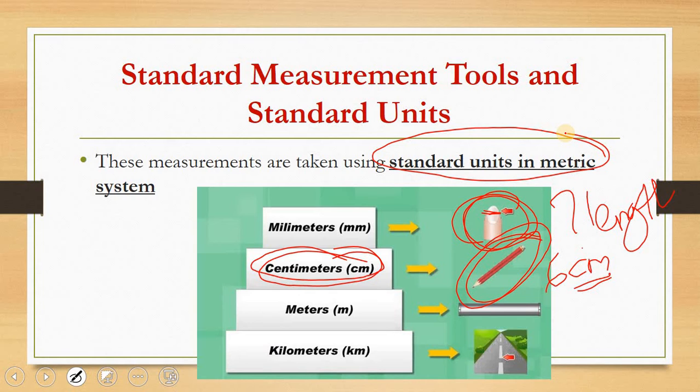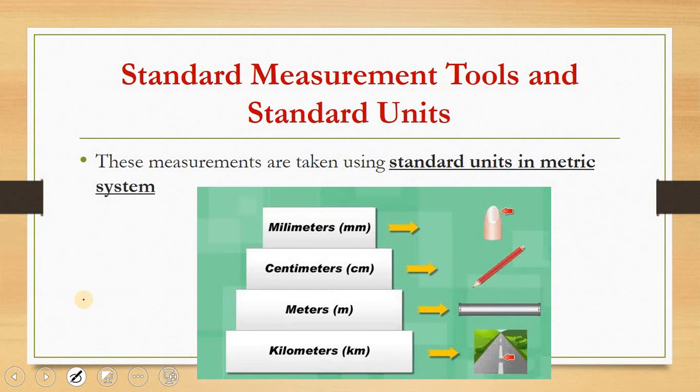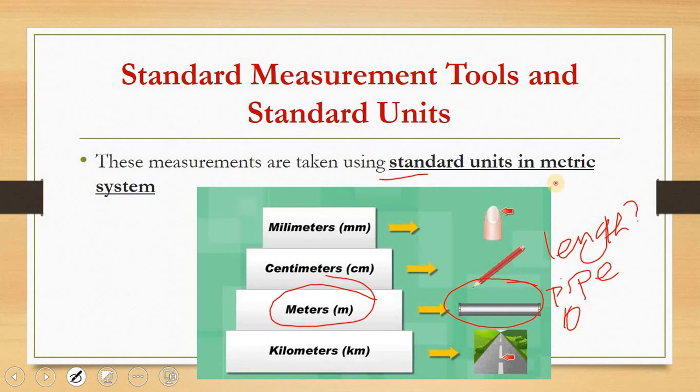Mesti ada unit. Okay, so for example, again, if you want to measure, contohnya pipe. Okay, this is like a pipe, for example. Okay, so people will ask you, what's the length? Okay, what is the length ataupun berapalah panjang benda ni? So you can say maybe 10. So orang pun tanya 10 apa? Okay, so you must have ni unit, standard unit.